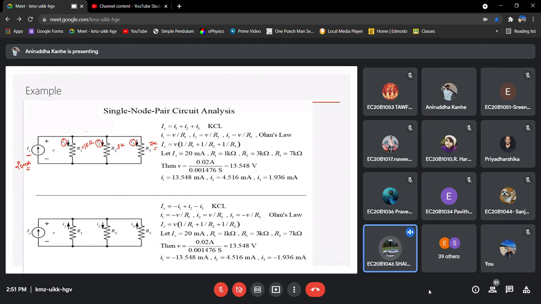Sir, I think first we'll find the voltage, and in a parallel connection, voltages are the same, sir. Then we can find current in the respective branches through the resistors, sir. Now, without finding the voltage, is it possible?